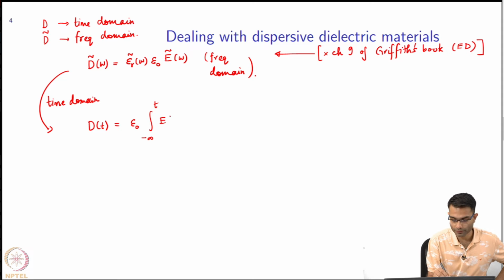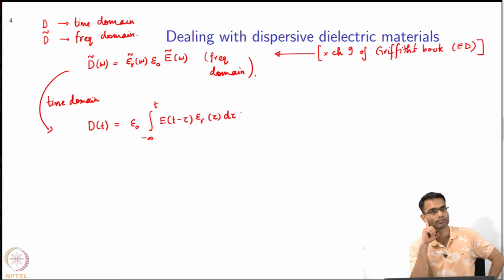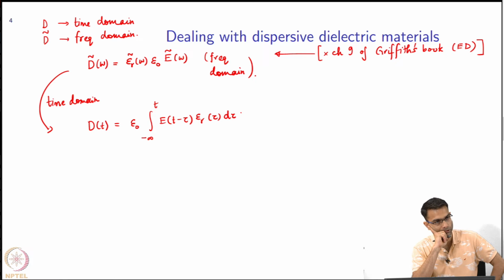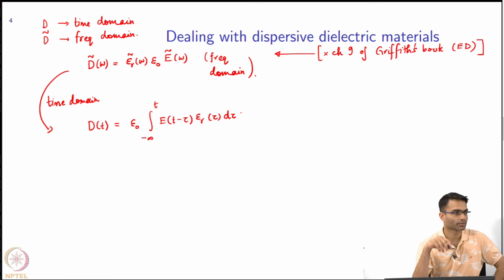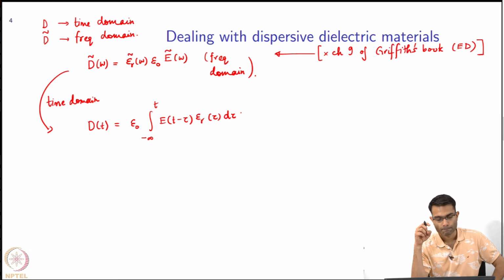I have E of t minus tau, epsilon_r of tau, d tau. Okay. The simple signals and systems. Well, we will keep it at t.